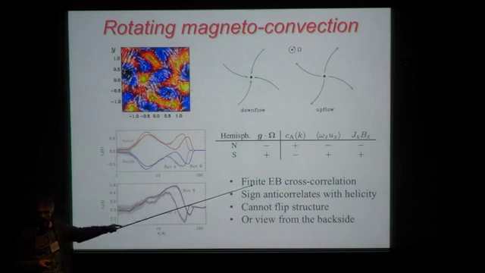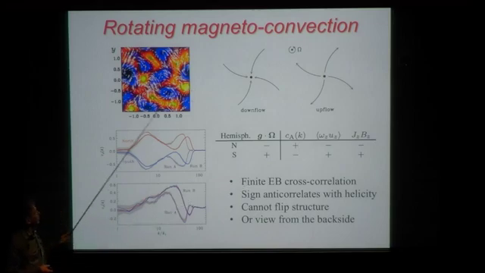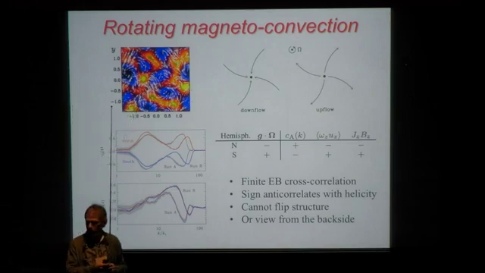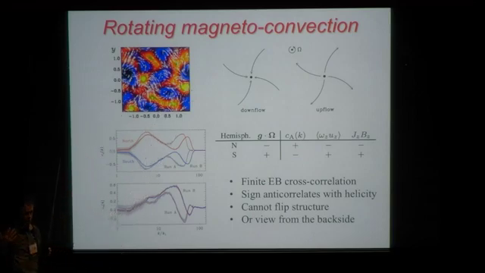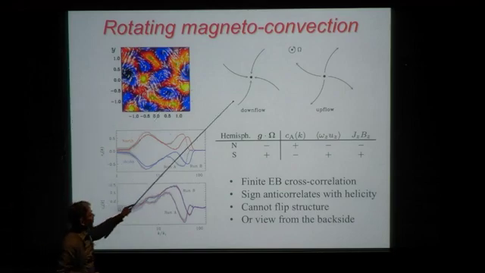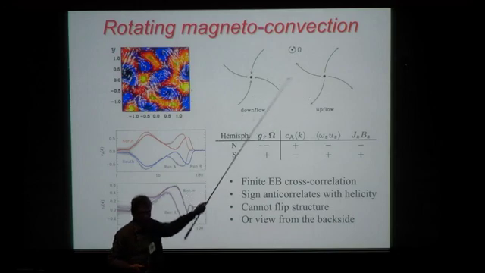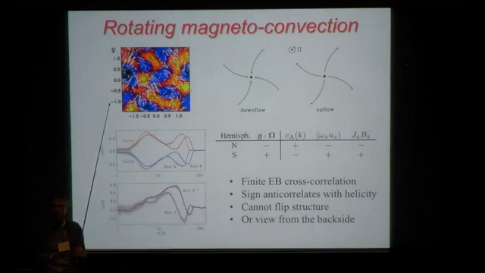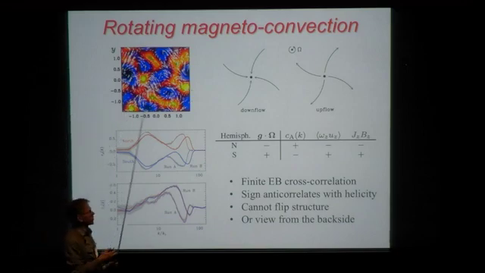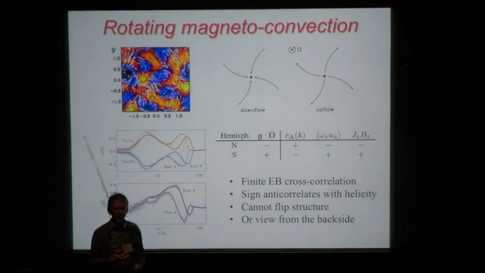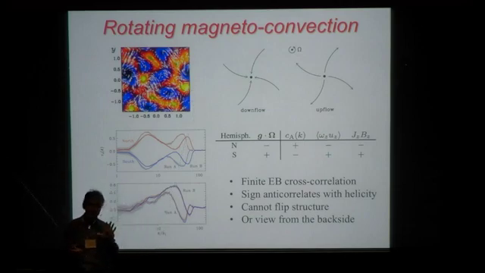The reason for this is actually easy to understand, because in convection, we are forced to look from the top, because nobody can go inside the convection zone and look from downstairs upward. We have a preferential view from the top. And so this is the reason why we always will see one particular pattern. However, by comparison with a simulation of isotropic homogeneous turbulence, you are likely to see a pattern like this, which you just view from the back side.